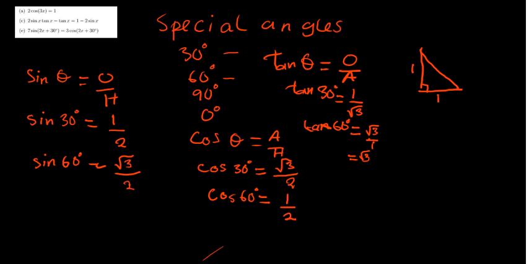So if these sides are equal and there we have 90 degrees, a right angle, it means this side is equal to that side, and this triangle should add up to 180.